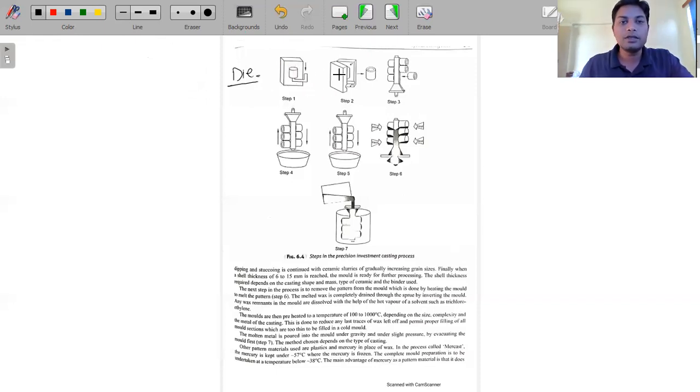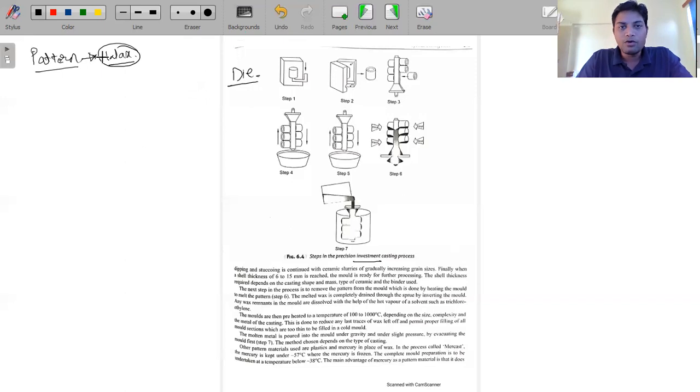In this investment casting, the pattern is made up of wax. Wax is a kind of chemical.